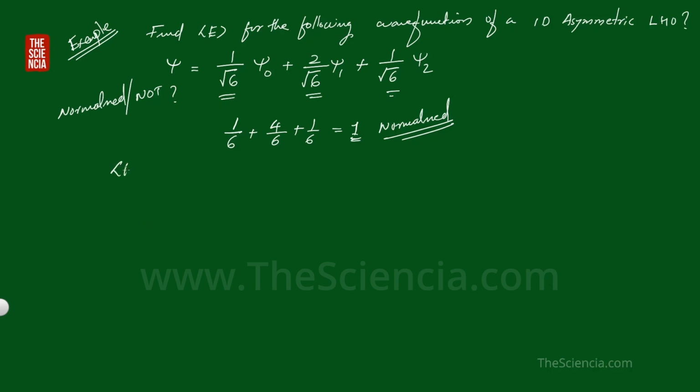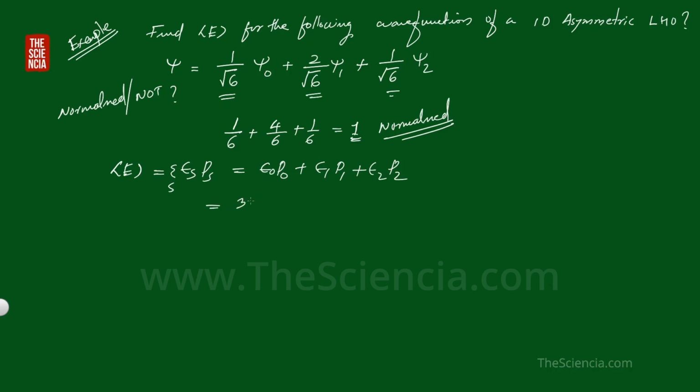So what is the expression for the expectation value of E? That is the summation over s of E_s P_s. Here there are 3 states, so we have to sum over 3 states, that is E0 P0 plus E1 P1 plus E2 P2. That is for the symmetric oscillator.